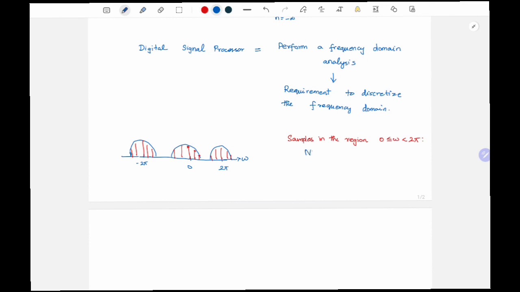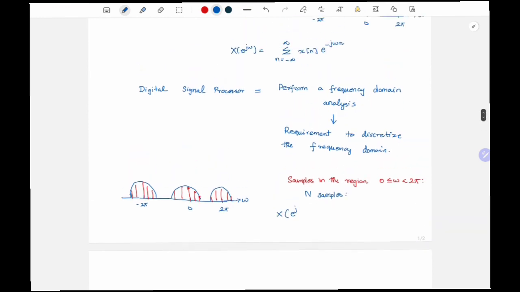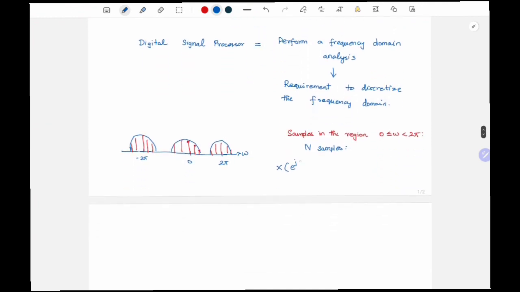So if I say I take N samples, then I will call it X of e power j, instead of omega, 2 pi by N into k. So my omega is 2 pi by N into k, and k is equal to 0 to N minus 1. This says that there are N samples, from 0 to N minus 1, sampled at equal spacing, so we get 2 pi by N into k.